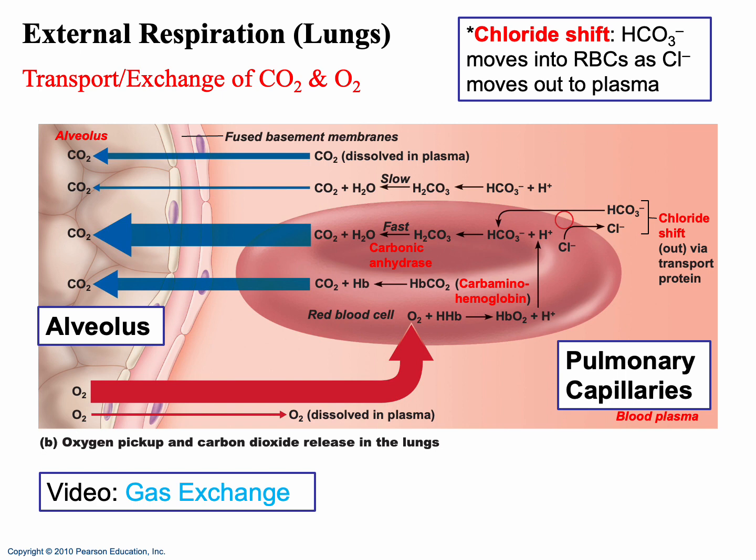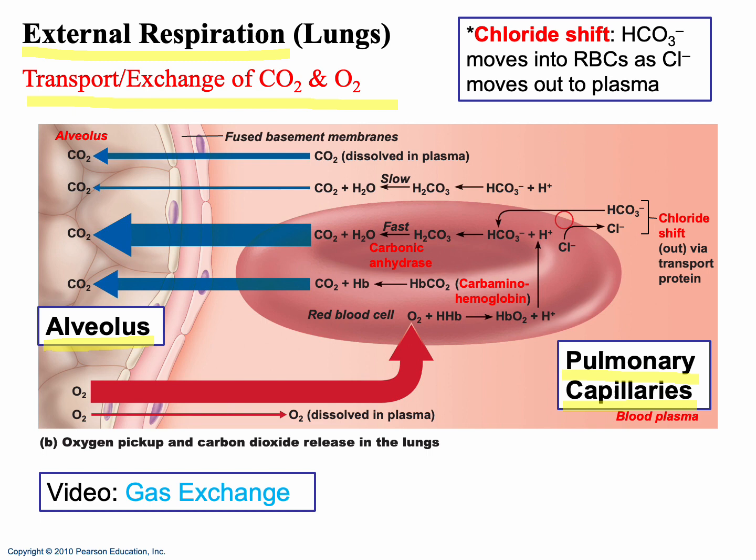All right, we're now going to look at visuals to see these methods of transport and exchange of carbon dioxide gas and oxygen. This is looking at the movement of these gases in external respiration. External respiration occurs between an alveolus, again, very small microscopic structures within the lung tissue, and the pulmonary capillaries.